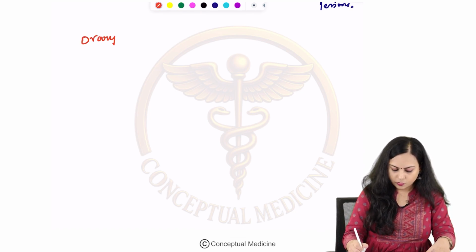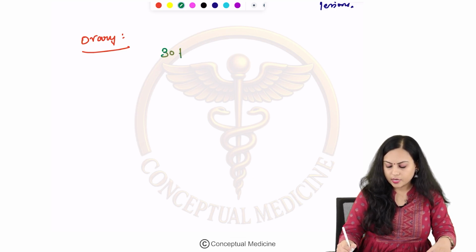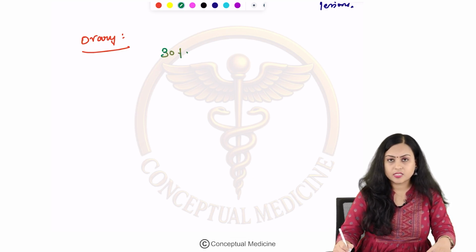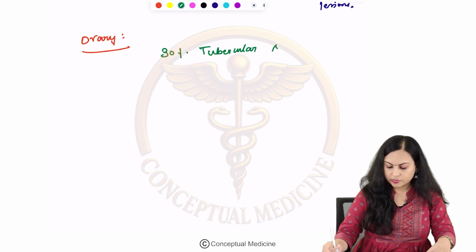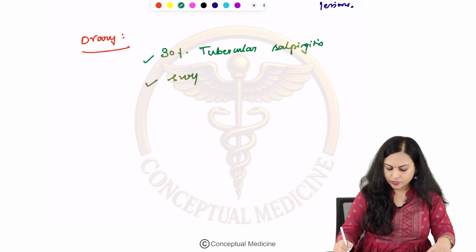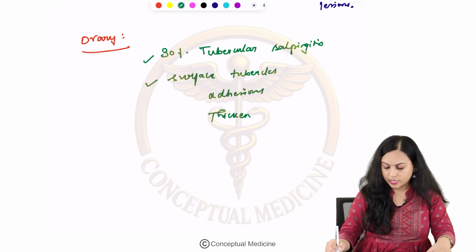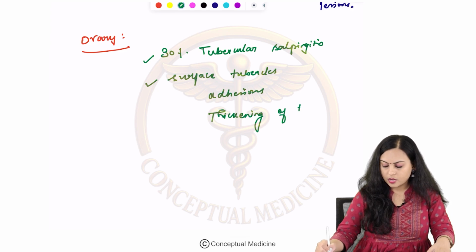Let's speak about the ovary. Ovary involvement occurs in 30% of cases of tubercular salpingitis. So, there can be surface tubercles, adhesions or thickening of the capsule also.